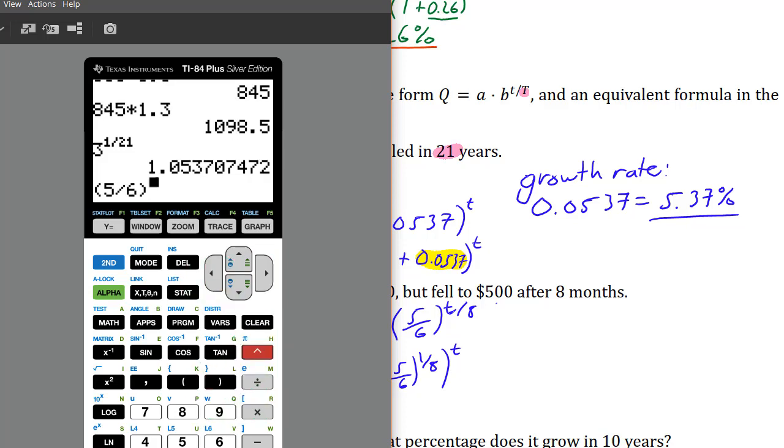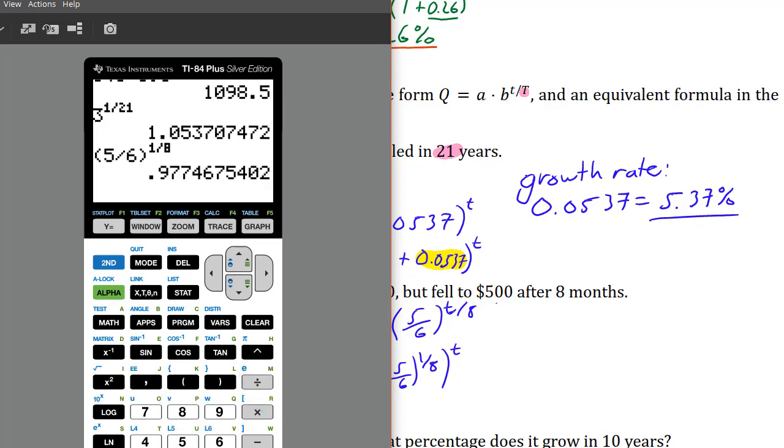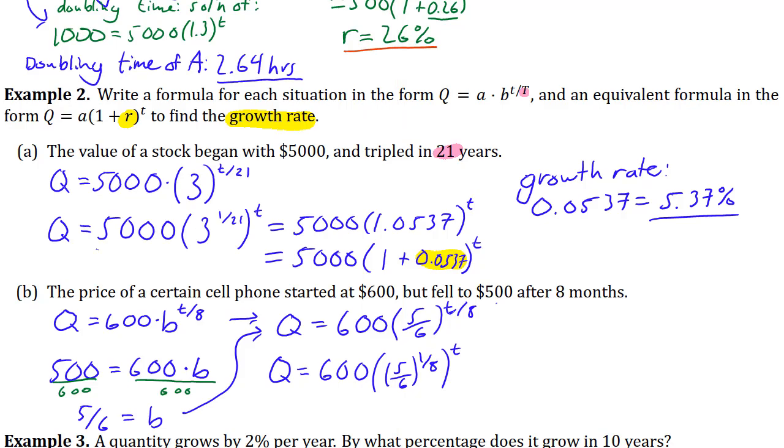And oops, that's to the power 1/8, which gives you 0.9775. And so yeah, that is now the b is 0.9775.